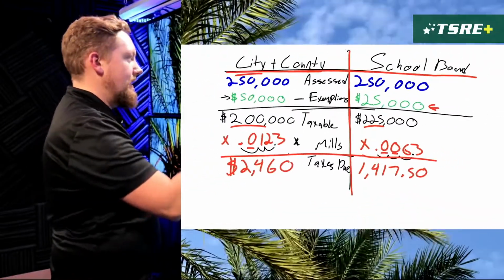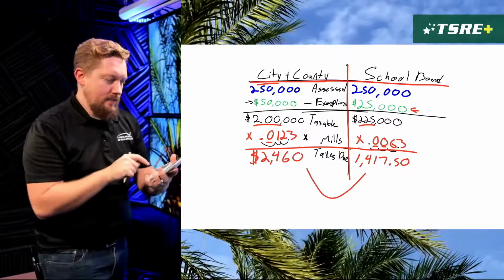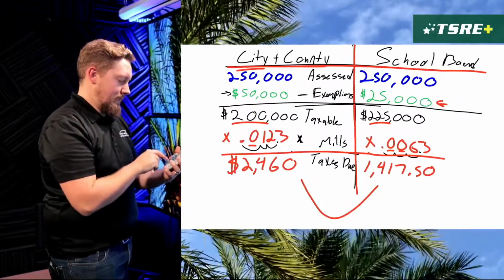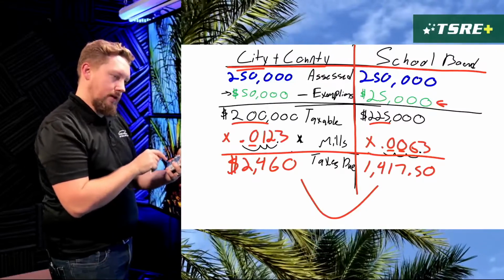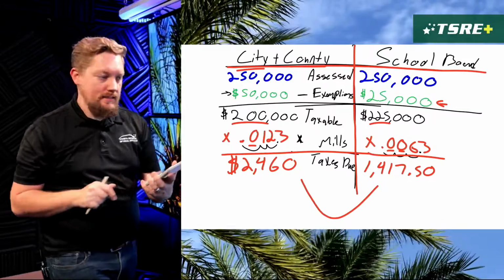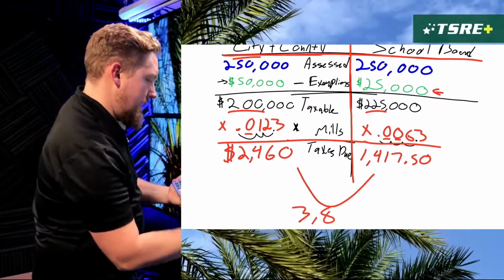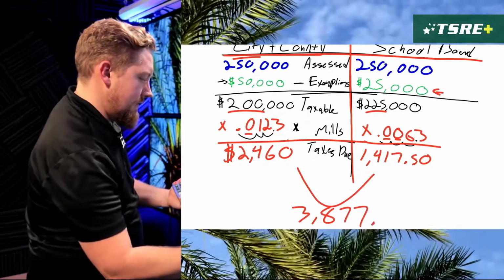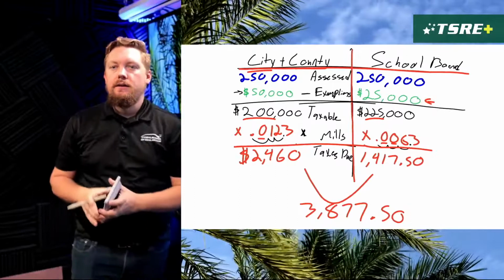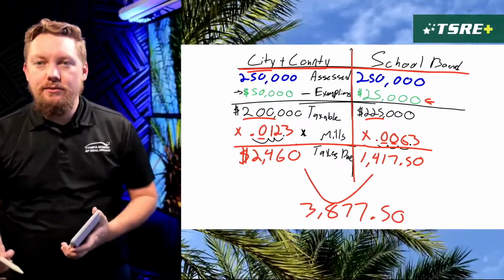And finally, the final step here to get the final answer, we're going to add these two together. 2,460 plus 1,417.50, and that's going to give us $3,877.50.